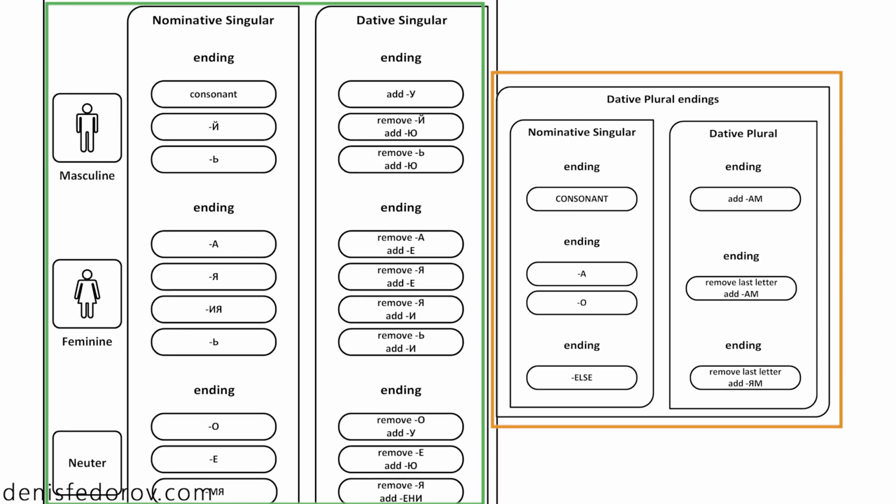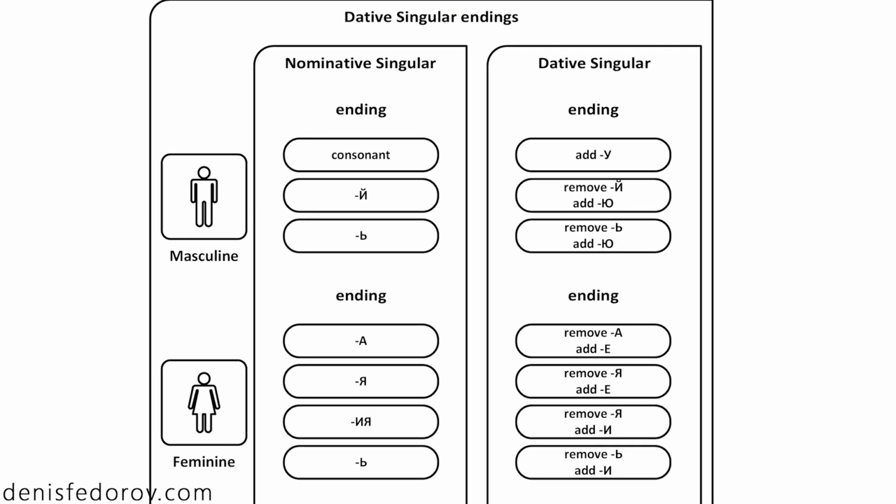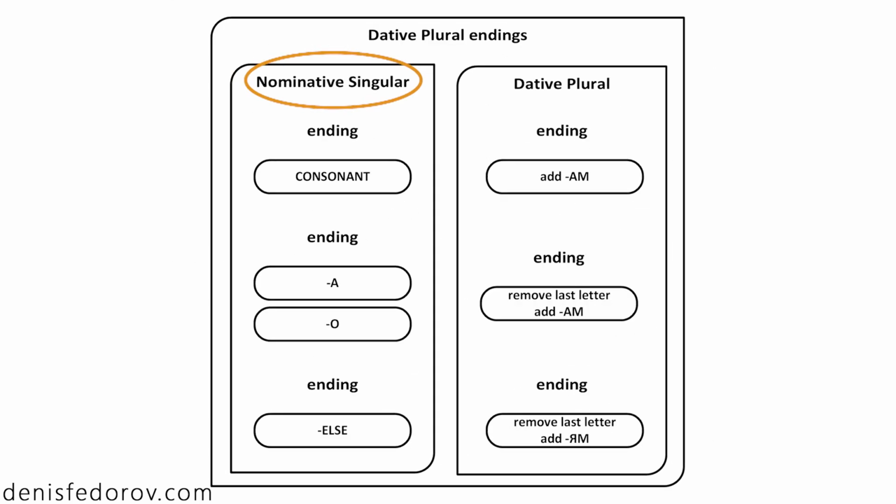So we take a singular form, which is a bit harder. First, what you see is that we take a word in its default form, the nominative singular. That's what we always do, even for the plural form. That's where we start off.